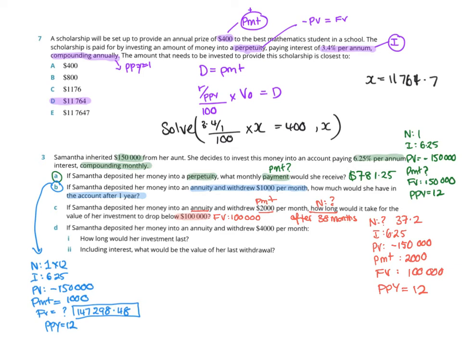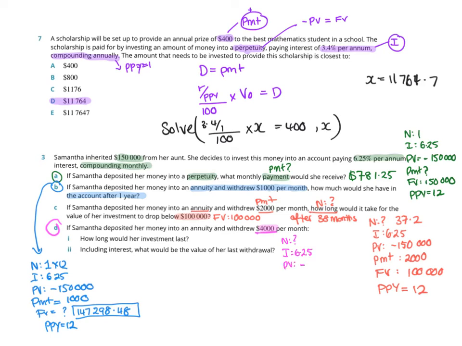Okay, so let's do the last one here. Samantha deposited her money in an annuity and withdrew 4,000 a month. How long will her investment last? So N is the question, and we go through the same thing. It's still 6.25.